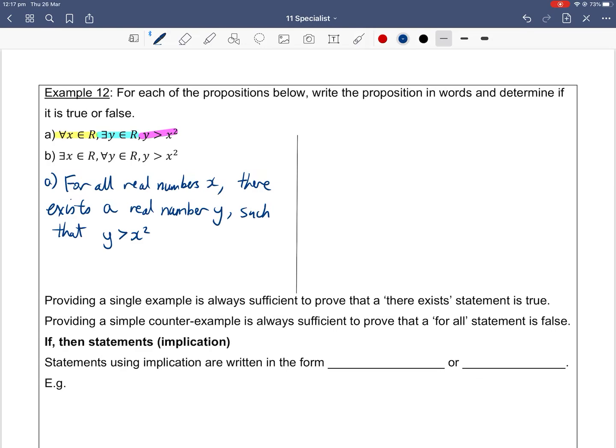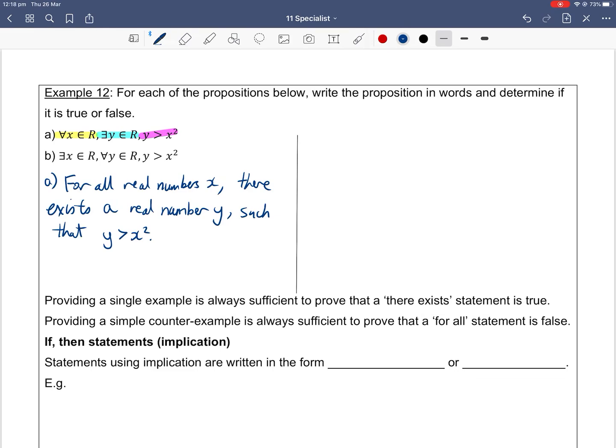Okay. So that statement was, for all real numbers x, there exists a real number y such that y is bigger than x squared. So you're thinking, for any real number of your choice, can I find you a real number y such that y is always bigger than x squared?